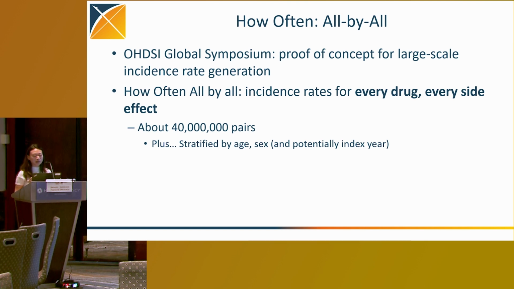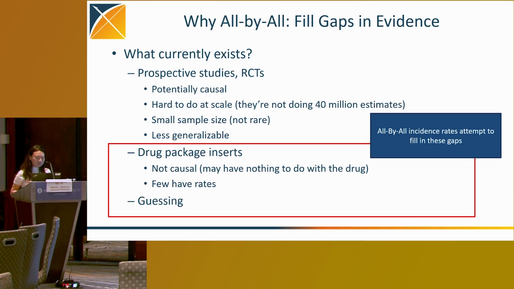But with How Often All by All, we're attempting to generate incidence rates for every drug. I think there's 2,600 of them based on RxNorm terms, every drug and every side effect. So for every side effect, we're thinking about 18,000 different side effects, which would generate about 40 million pairs of incidence rates. And we would have to also additionally stratify by age, sex, because they're important, and potentially index year as well.